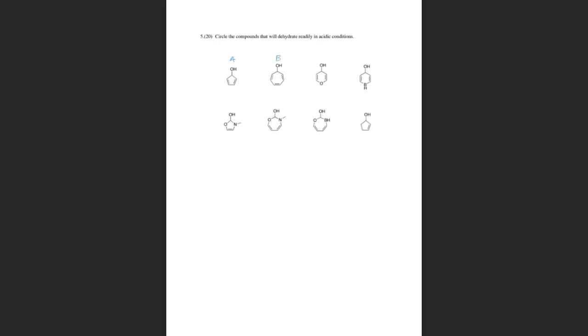Dehydrate readily means that this alcohol can leave and you would still have a stable molecule left. So for A, what it would look like is that's basically what you're looking at.